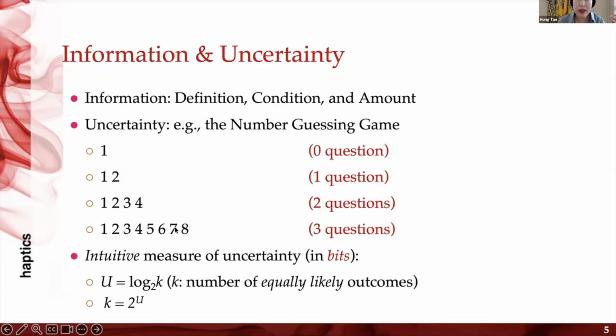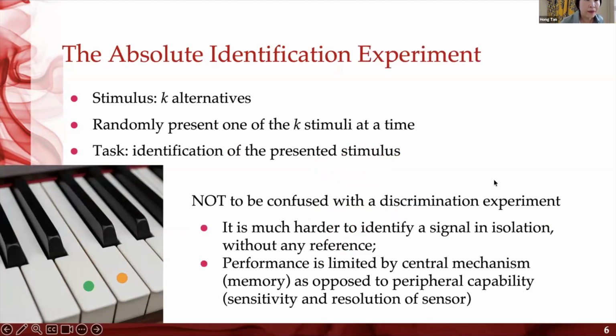So by the time we get to 12 bits, it's like 2 raised to the power of 12. And then we can transmit that much information in 1 second. So it's hugely impressive.